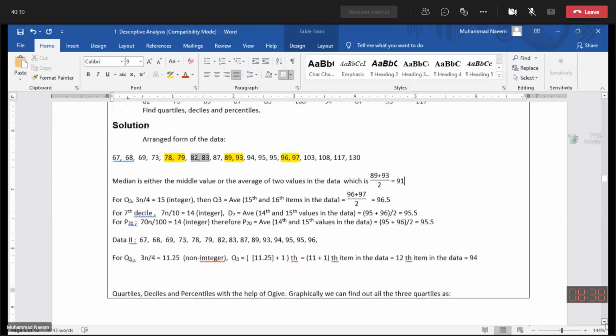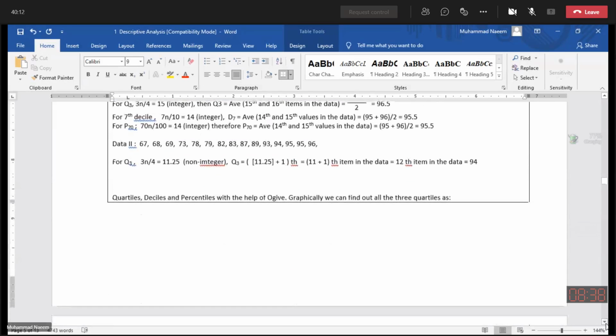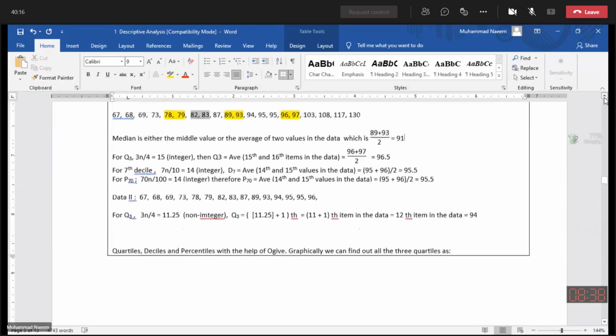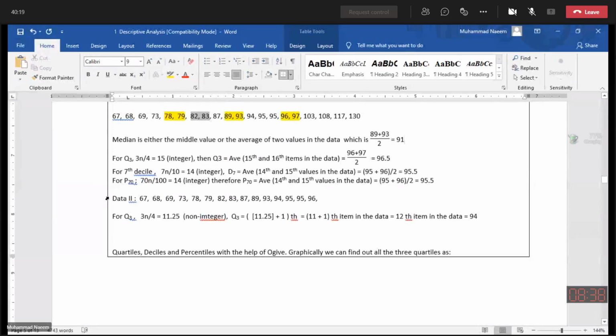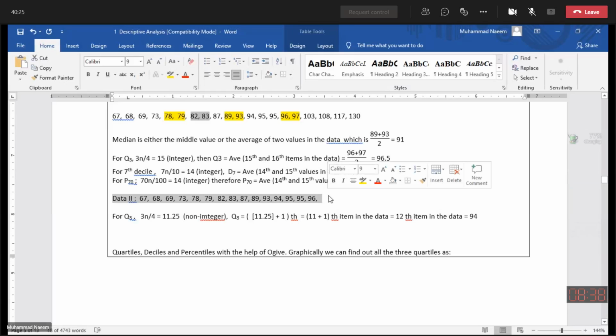Okay, we have discussed only one side of the situation when the ratio is integer. Let's say we have this type of data: 1, 2, 3, 4, 5, 6, 7, 8, 9, 10, 11, 12, 13, 14, 15. 15 values in our data.